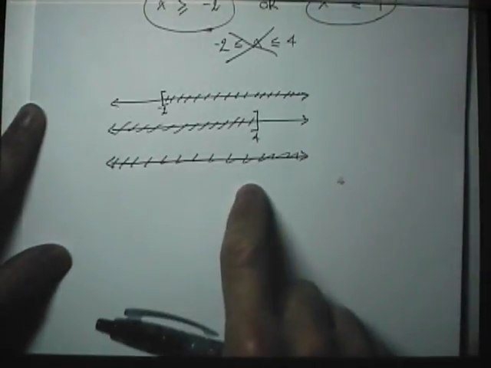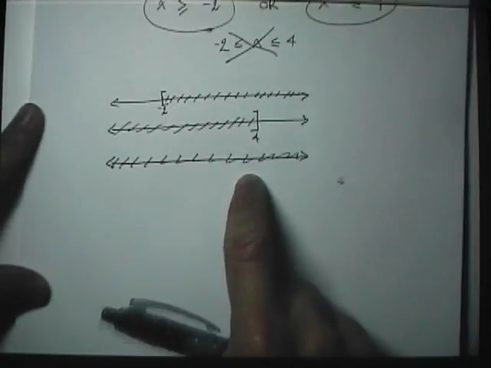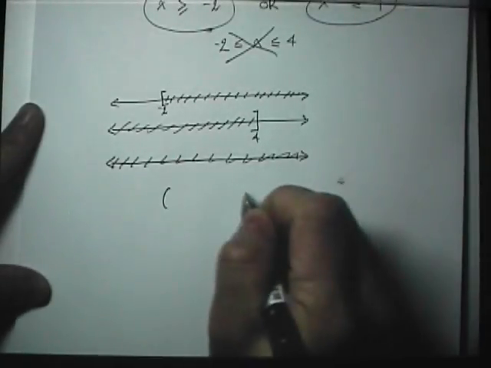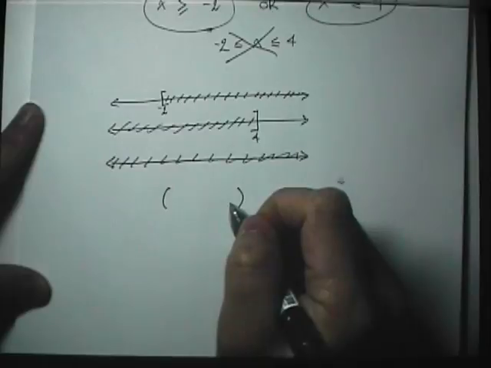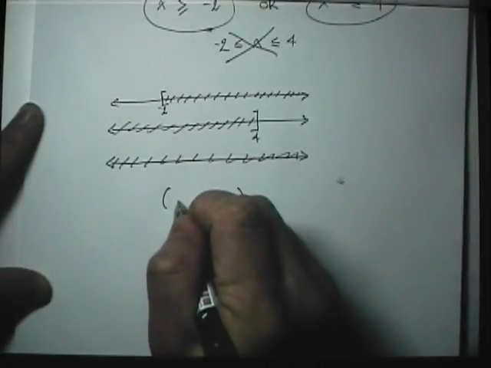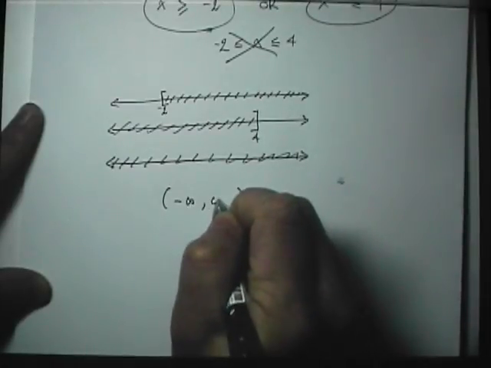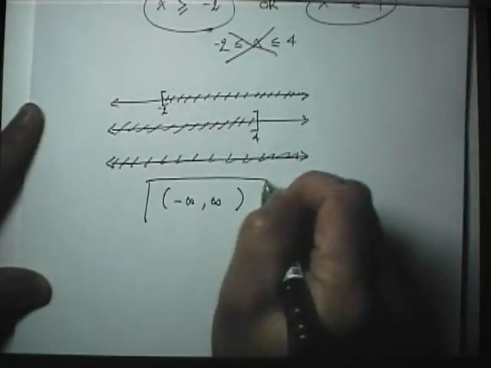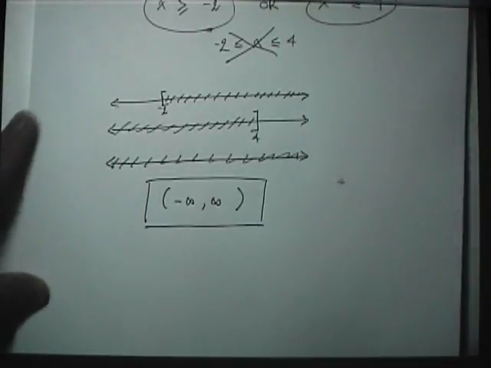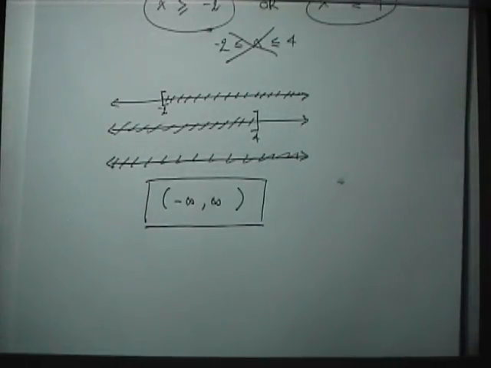So here's your final graph of the solutions. And then in terms of the final solution in interval notation, it's going to be -infinity to +infinity. And that's how we finish graphing this inequality using interval notation.